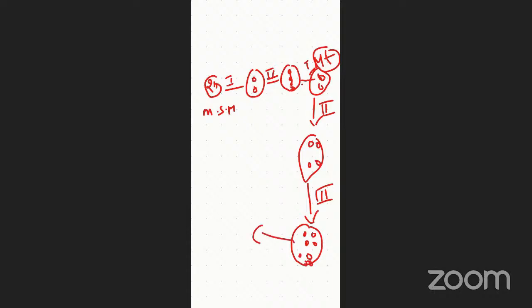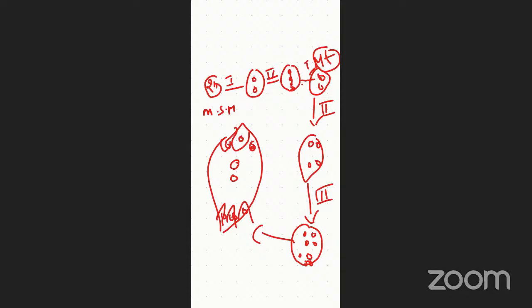Later, during formation of the embryo sac, at the micropylar side of 4, 1 migrates toward the center. At the chalaza side of 4, 1 migrates toward the center. How many remain? On the upper side 3 remain, 1, 2, 3, and the chalaza side also 3 remain, 1, 2, 3. Later they are covered by walls and developed into cells.